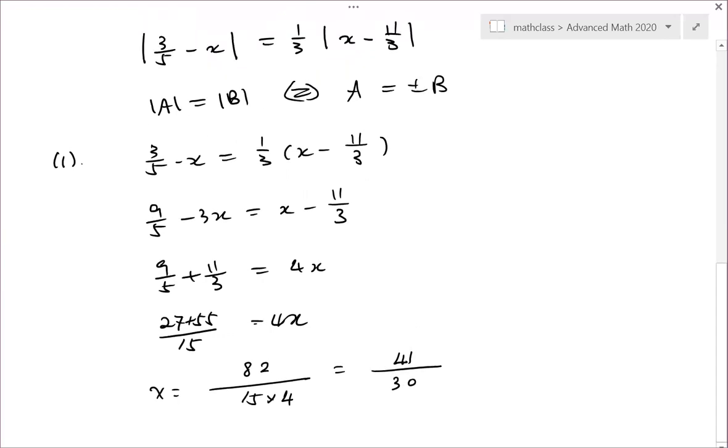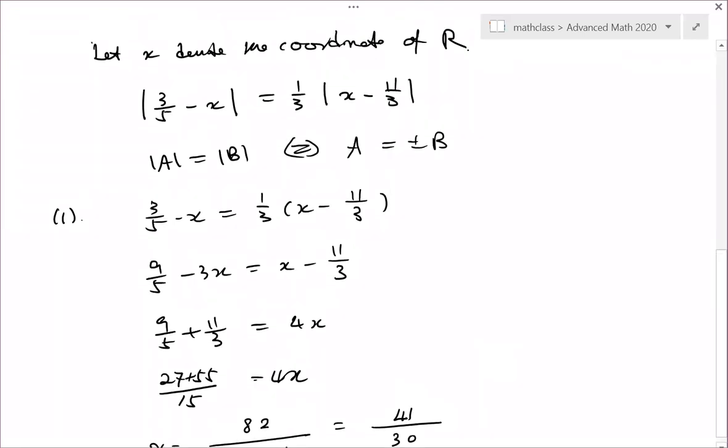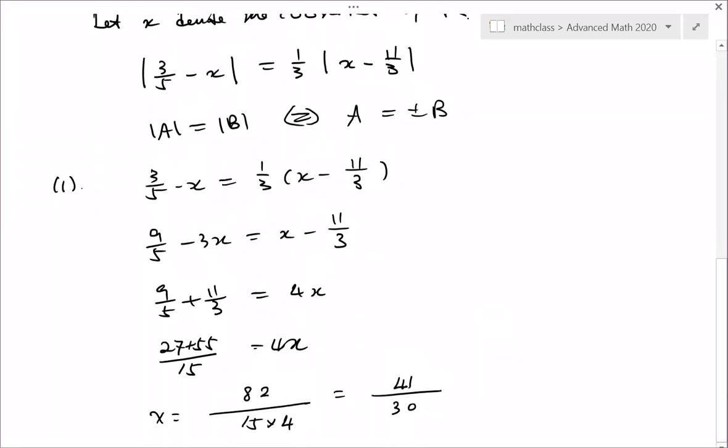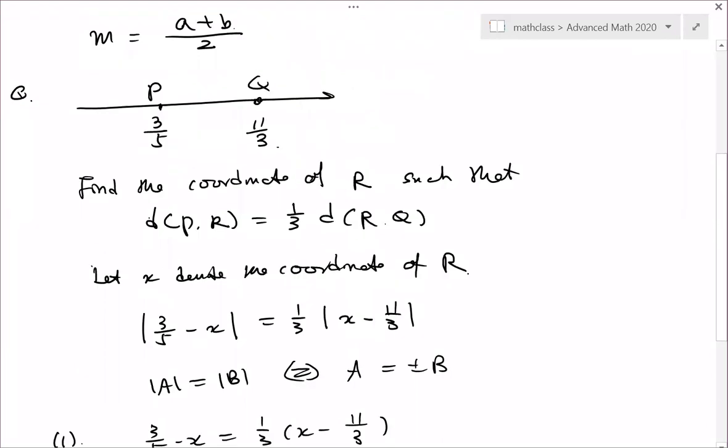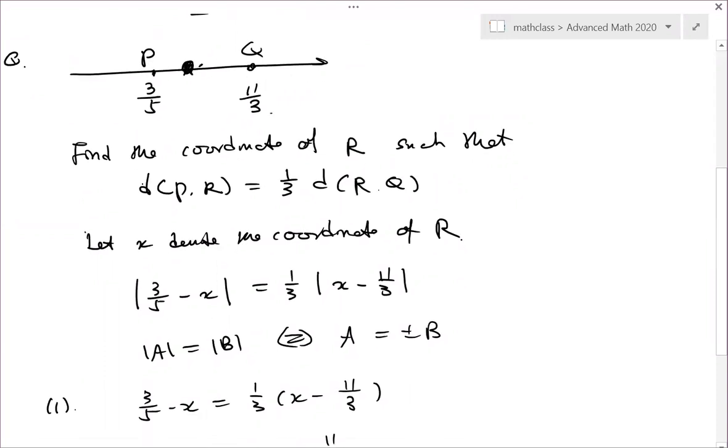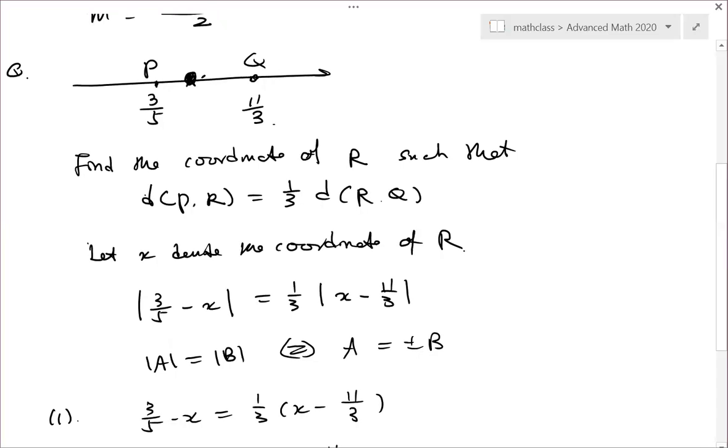That number is slightly larger than 1, but less than 2, so somewhere here. That's correct, but that's probably only one solution.